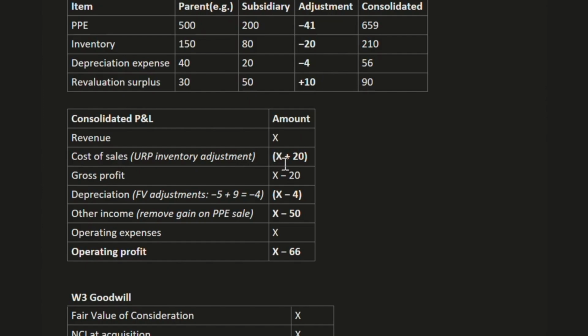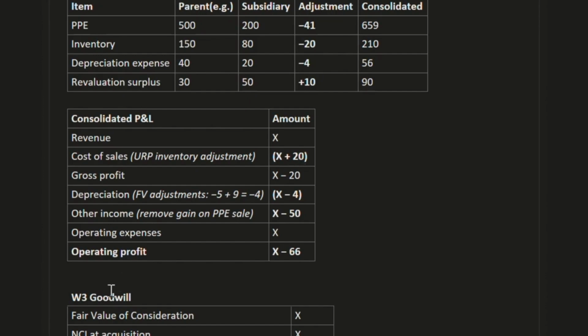So what we need to do, we need to remove unrealized profit from the, first we need to add it unrealized profit in the cost of sale. Why we need to add it in the cost of sale? Because due to profit, our cost of sale is decreased. If profit will not be there, then that part, profit part, will be considered under cost of sale.